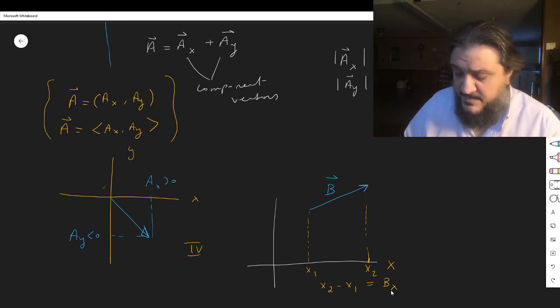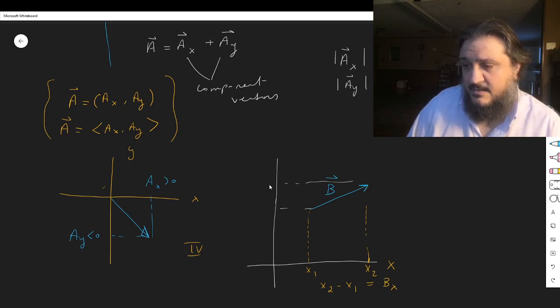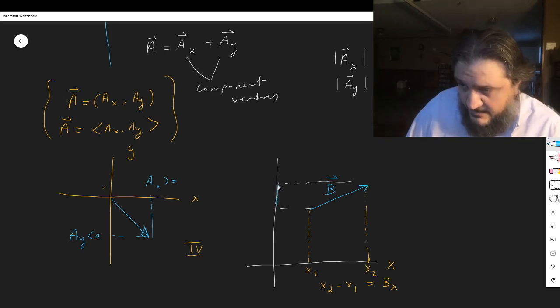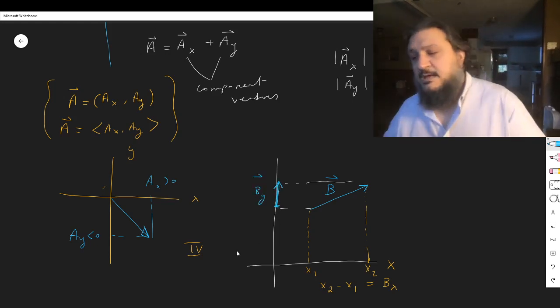Now this will make much more sense when I show you how to add or subtract vectors using this component method. But basically you want to find this vector here. This is your by component vector.